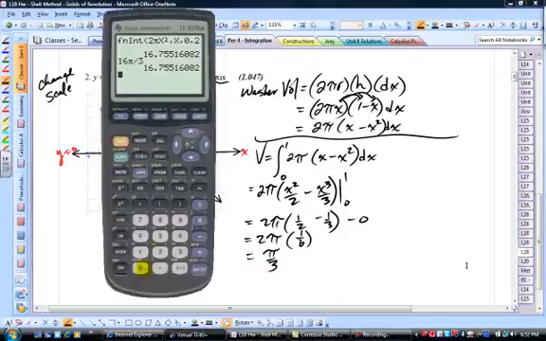And when you get to the calculator, we're going to integrate now. I'm going to clear this out. We're going to go math, and we're going to hit number 9, or you can just use the down arrow to number 9. Enter your function in, which is 2 pi times the quantity x minus x squared.